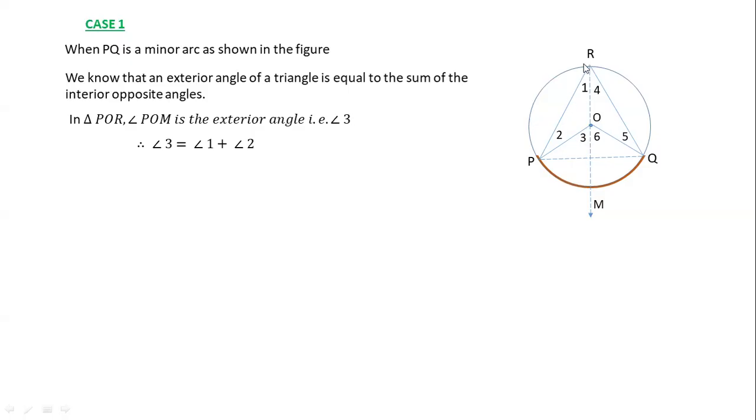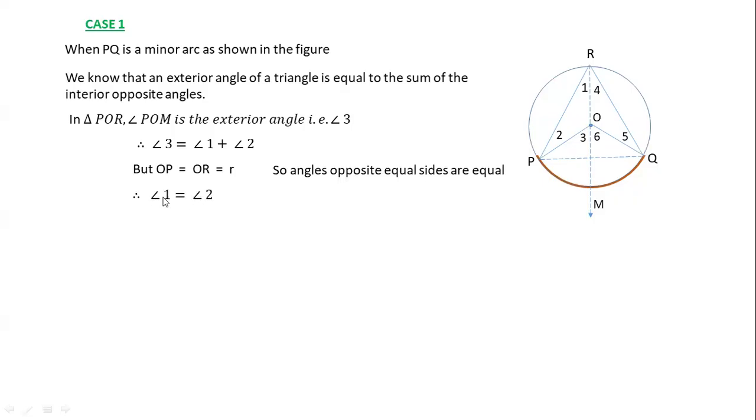But OR and OP are both the radius of the same circle, and that means in this triangle these two sides are equal. If sides are equal, then the angles opposite them must also be equal. So let us write that. OP is equal to OR, equal to the radius of the same circle. So angles opposite equal sides are equal.